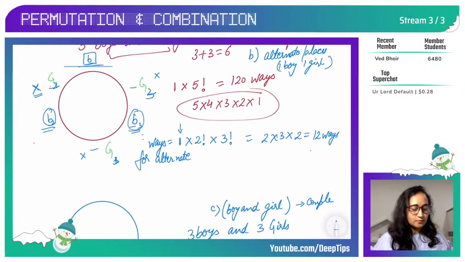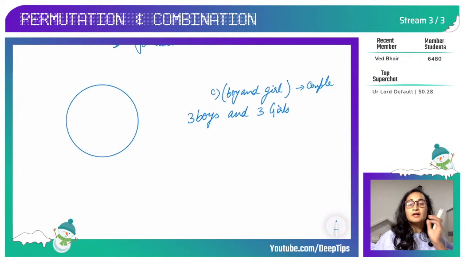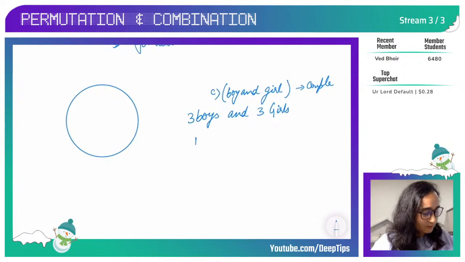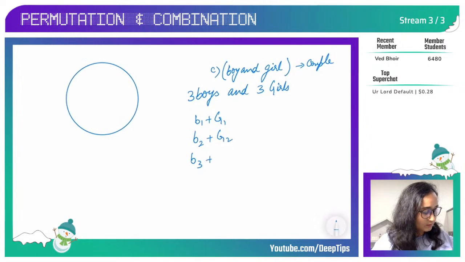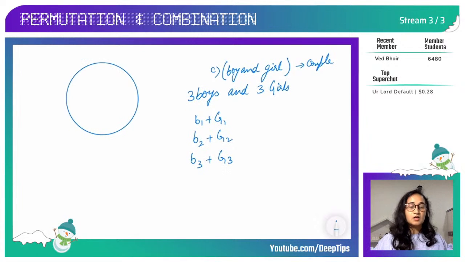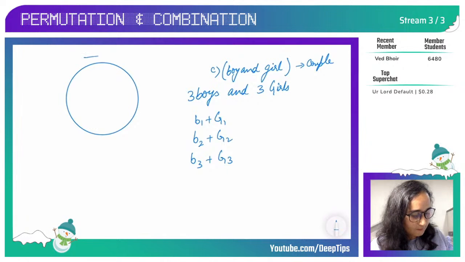There were 6 places, but when I'm saying they're sitting as a couple, now we need to take it as a single entity. So here B1 plus G1 suppose is one couple, B2 plus G2 is the second couple, and B3 plus G3 is the third couple. So I have only 3 couples.